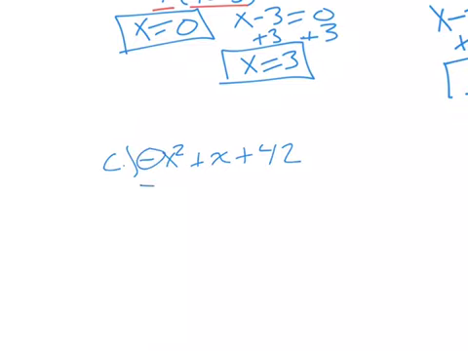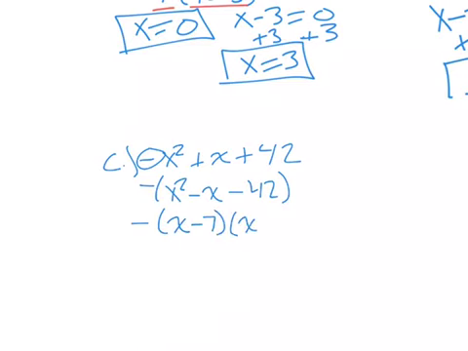If I factor out the negative, then I'll be left with x squared minus x minus 42. If I factor that expression, I'll end up with x minus 7, x plus 6. Remember, this is all equal to 0. I'm sorry, I forgot to bring that down. That's all equal to 0.